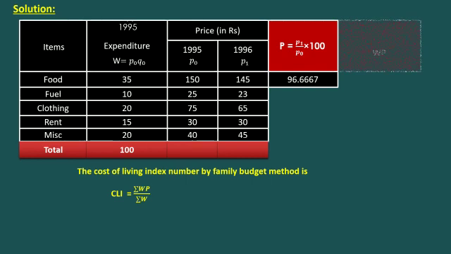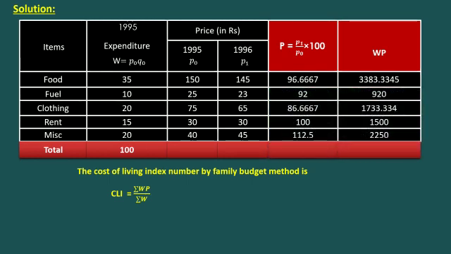Hence, the value of WP for the first item is 35 into 96.6667. We'll get the answer of WP as 3383.3345. Likewise, price relative and WP for other items should be determined.